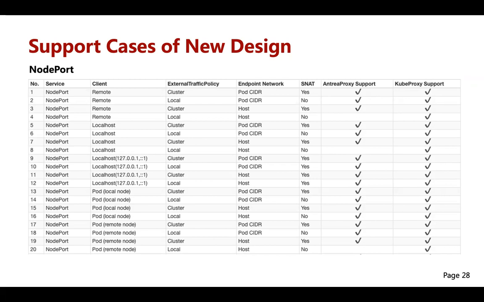I assume maybe there are some use cases, for example, external traffic policy equals local and then the backend is a host network port. In my opinion, I think it's a minority one. But how do you know?